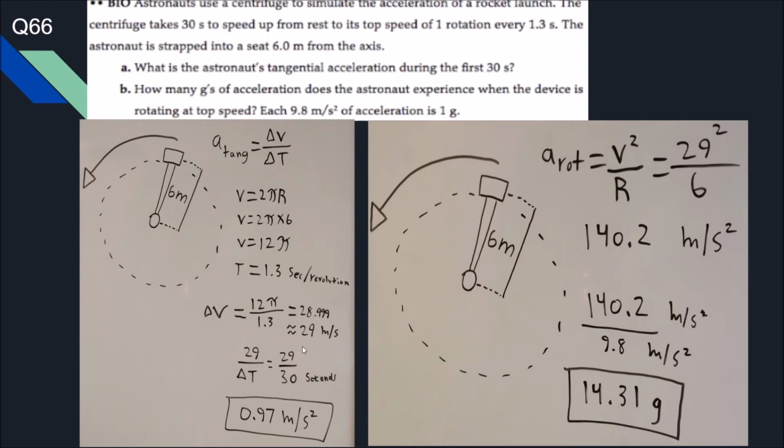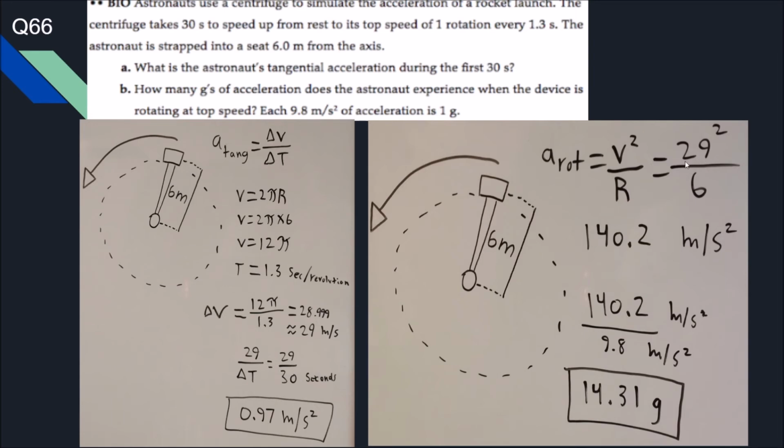How many g's of acceleration does the astronaut experience when the device is rotating at top speed? Each 9.8 meters per second squared of acceleration is 1 g. So we can deduce some of the same information from the first part, like the radius of 6 meters. We can also take into account the velocity the object has at its 30-second point, which is 29 meters per second.